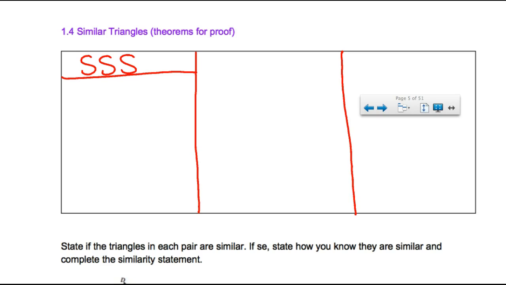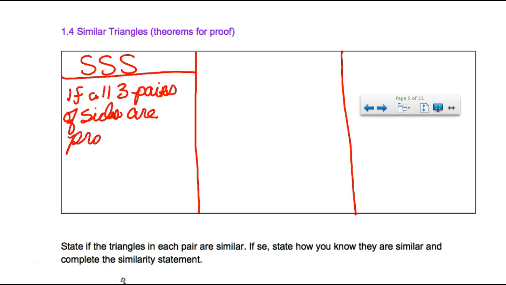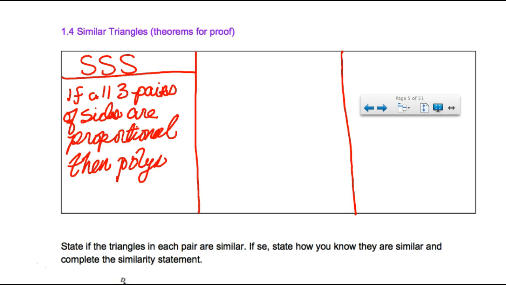And what that says is that if all 3 pairs of sides are proportional, then the polygons, I'm just going to write then polys, are similar. And I'll just use that.